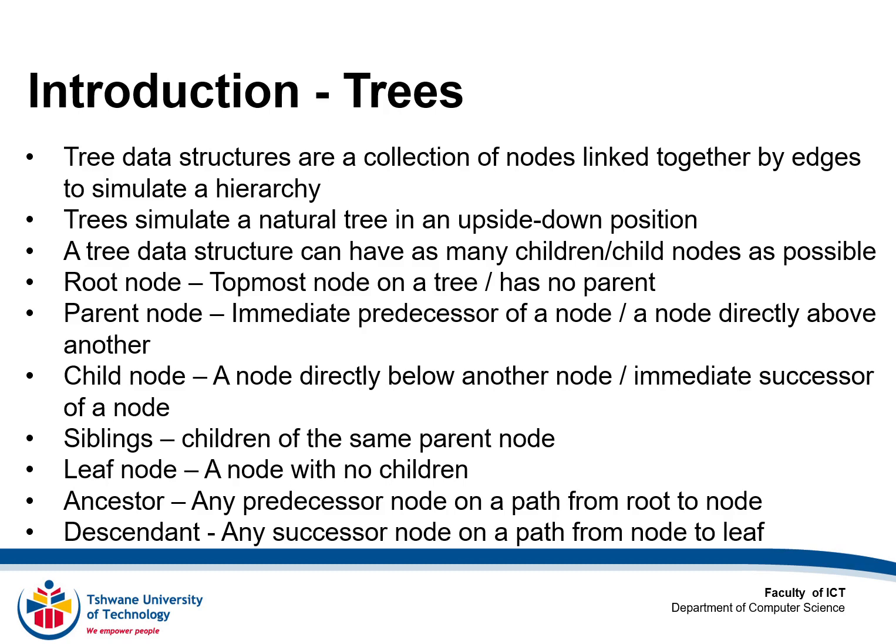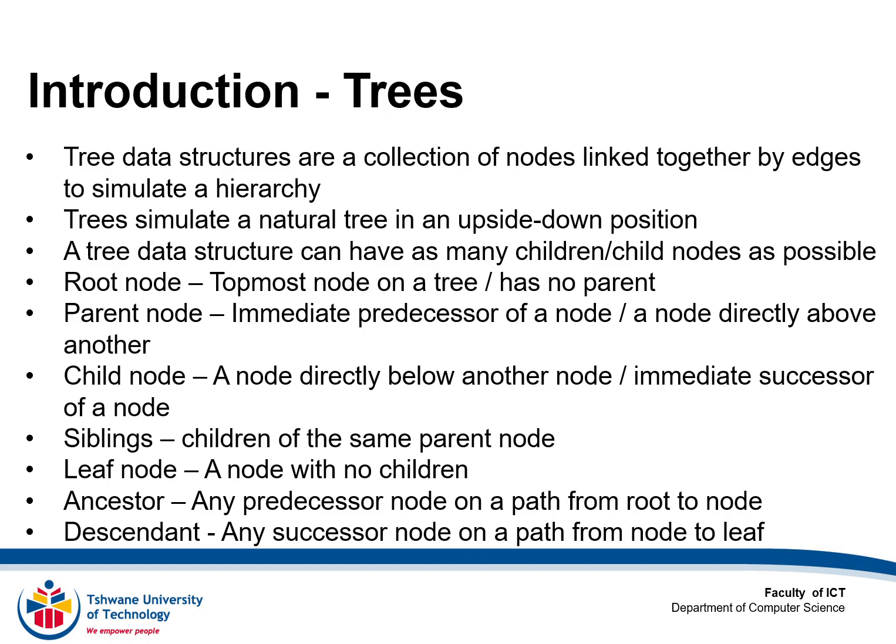Now, on a tree data structure, a parent node is basically a node which is an immediate predecessor of another node, or a node directly above another. By that is meant that the parent node is a node that has at least one child.